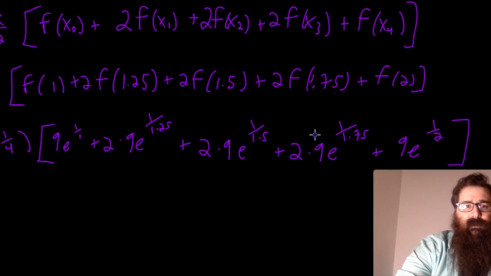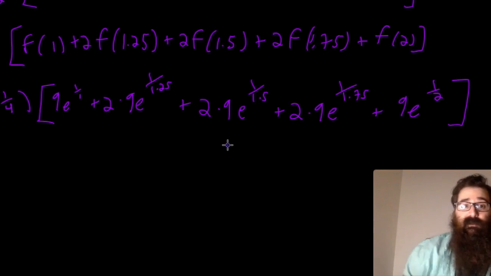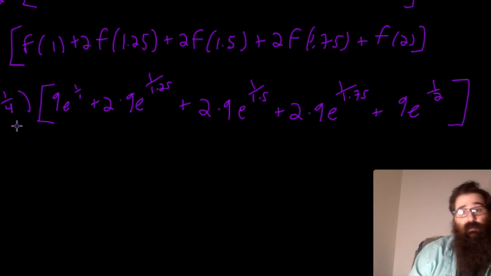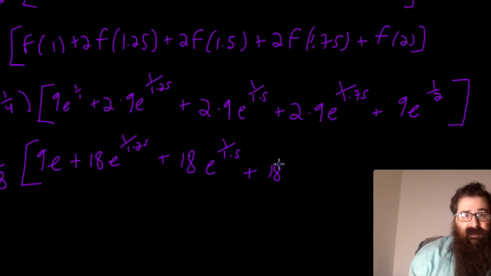And we won't go too crazy with this. If I did leave these as fractions instead of decimals, I'd be able to do the reciprocating in the exponent, which would be nice, but otherwise, 1/2 times 1/4 is 1/8. E to the 1 over 1 is e to the first, which is e, so this is just 9e, plus 18e to the 1 over 1.25, plus 18e to the 1 over 1.5, plus 18e to the 1 over 1.75, plus 9e to the 1/2.